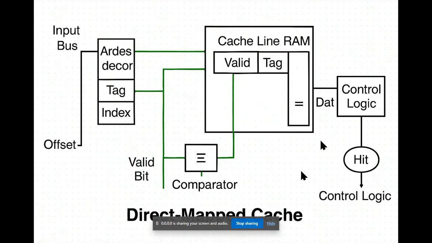If both the valid bit is set and the tag matches, then the cache is a hit. If not, the cache is a miss and the data is fetched from the main memory. If a new block maps to a line that's already taken, then the old one is replaced. Simple, but this leads to possible collisions.